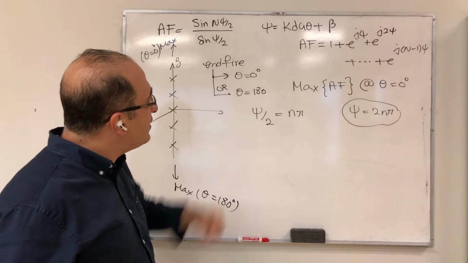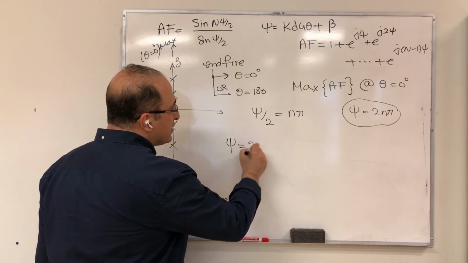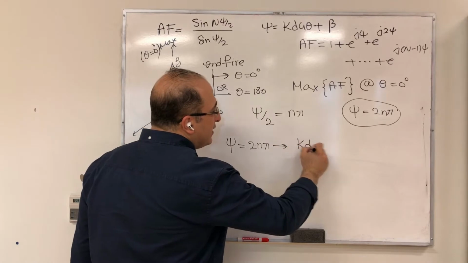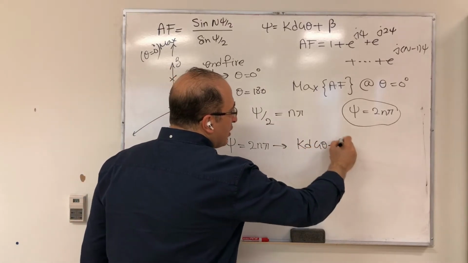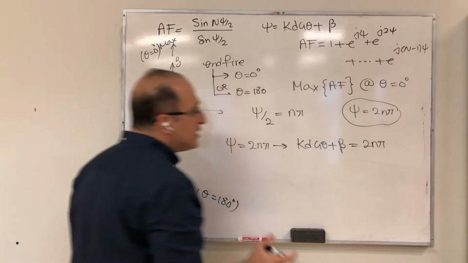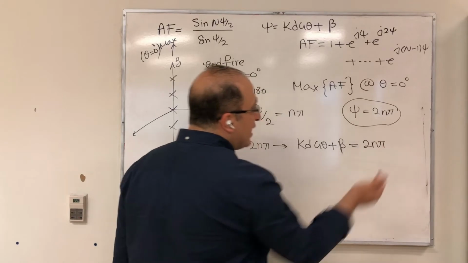So if psi divided by 2 is n pi, then, as you know, psi is 2n pi. Psi is kd cos theta plus beta. I want it to be 2n pi. Let's choose the simplest one, which is 0, so let me choose n to be 0.